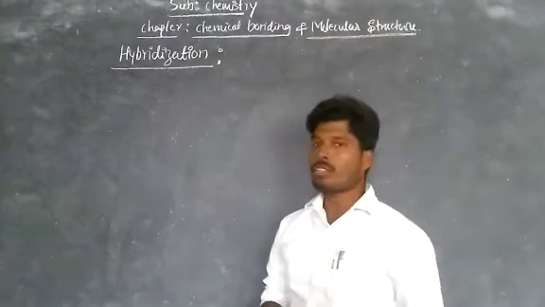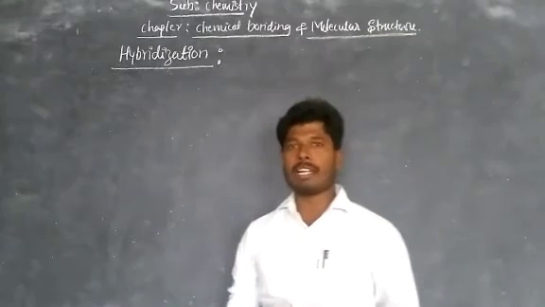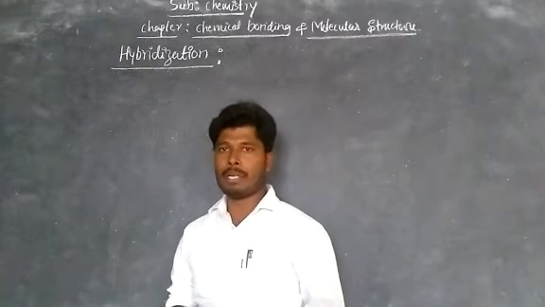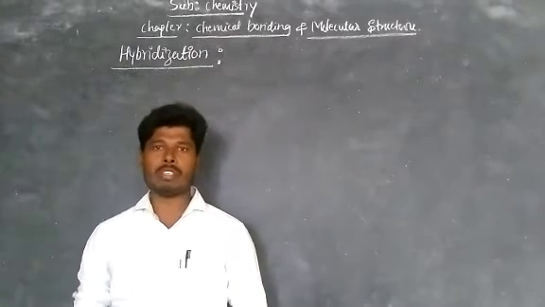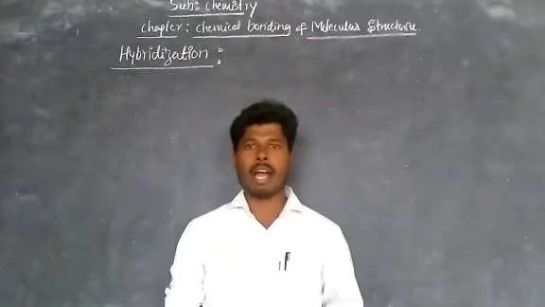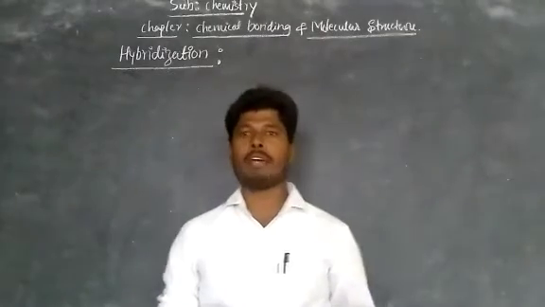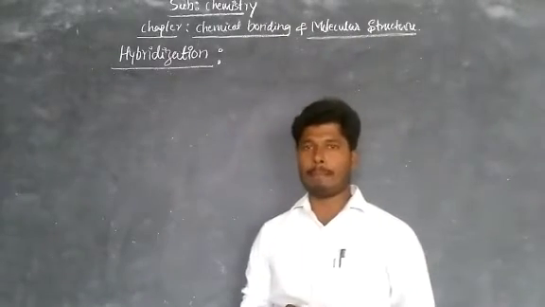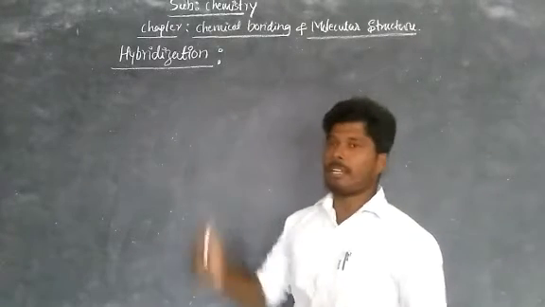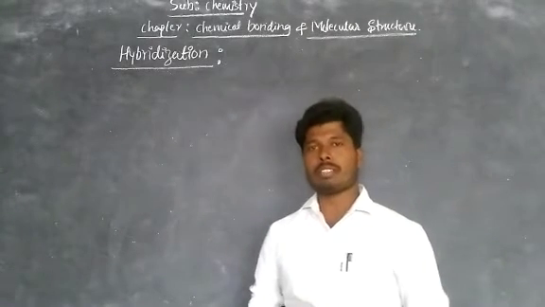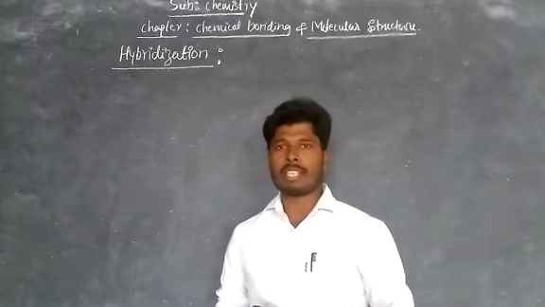Okay, so hybridization is defined as atomic orbitals overlapping together and giving an equal number of hybrid orbitals. That process is called hybridization. These hybrid orbitals have an equal amount of energy. Hybridization is one of the processes explained by the scientist Pauling.